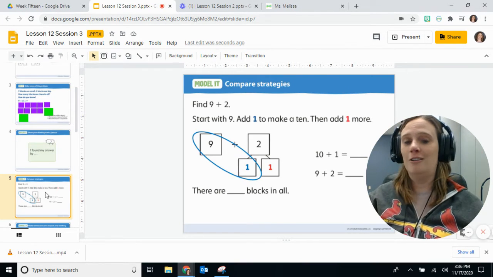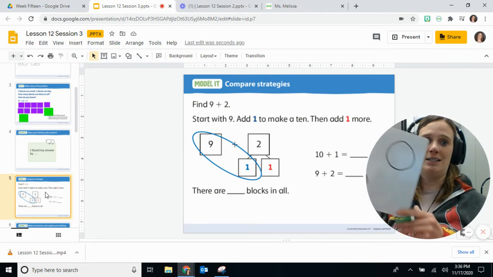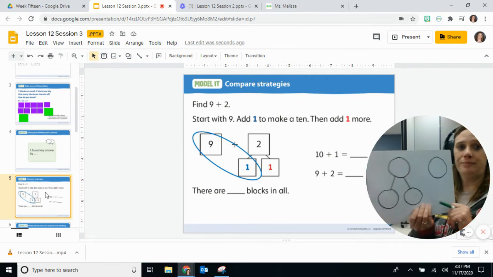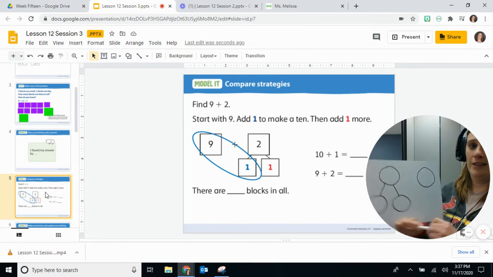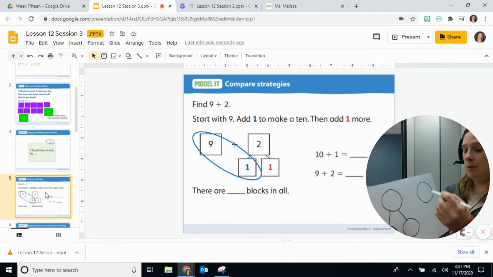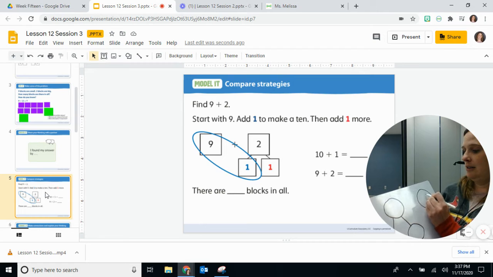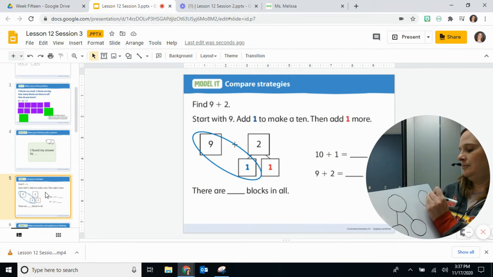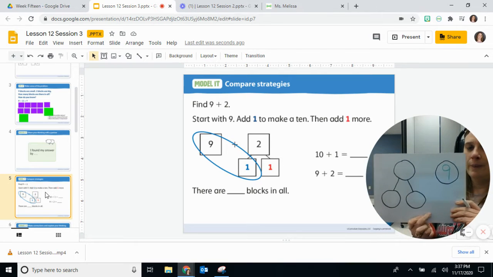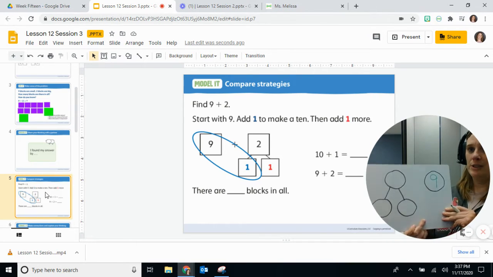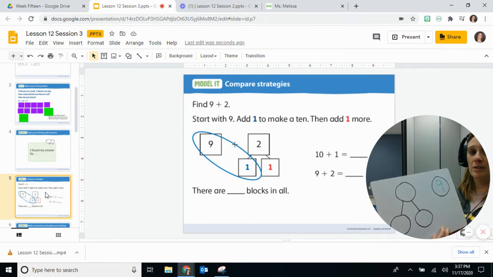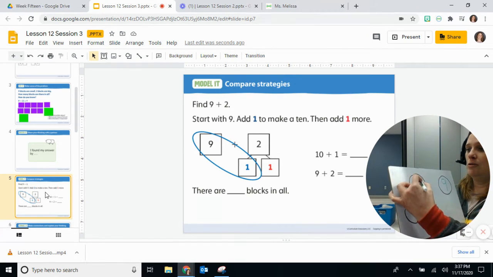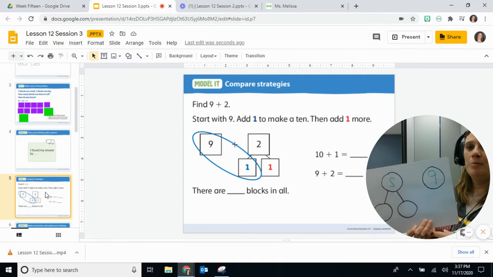All right, so I have my handy dandy dry erase board here, and we're going to take a look at this. So they gave us the number 9. And remember, I have to write this backwards, so, 9, okay. And then it also says, because there were two big boxes, so 2 is my other number, and I can break it apart.